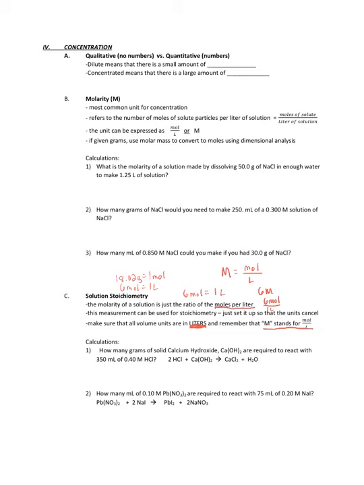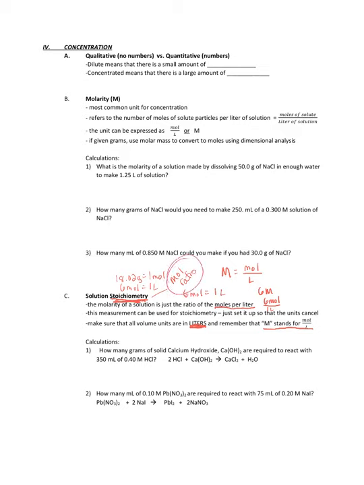If you have grams, remember grams are going to have to be converted to moles so that your moles will cancel with the moles in molarity. So here we go. Let's do some sample problems and dig in. Oh, and by the way, because it is stoichiometry, that means you must have a balanced equation. Why? Because stoichiometry means we need a balanced equation because we need the mole ratio.